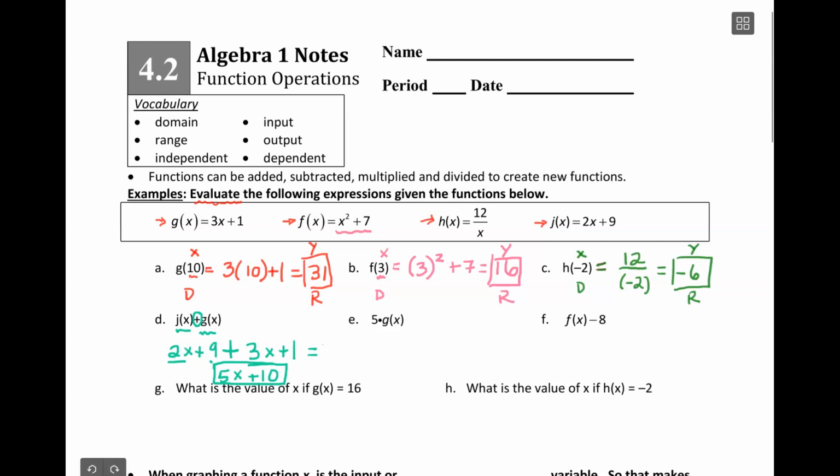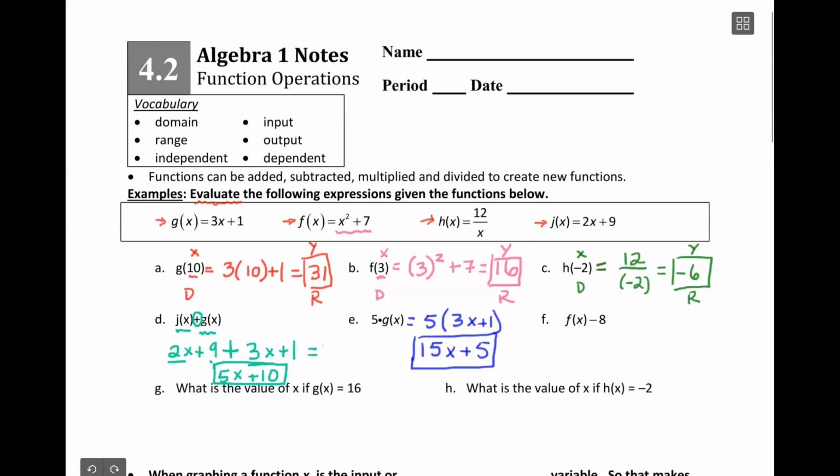So for example, e, we've got 5 times g, function g, which is 3x plus 1. So we're going to distribute that 5, and I get 15x plus 5. So that one we multiplied a constant to our function.